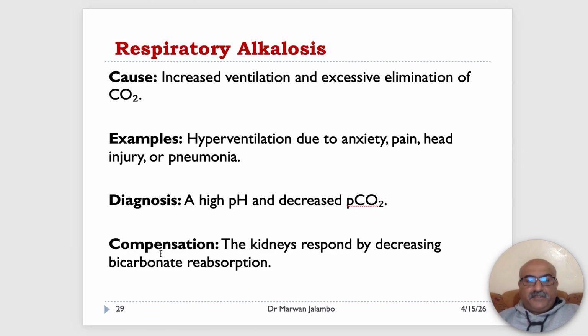Respiratory alkalosis occurs when a person is hyperventilating, breathing too fast or too deeply, and exhaling carbon dioxide faster than the body produces it. This blowing off of carbon dioxide lowers the acid level in the blood and raises the pH.